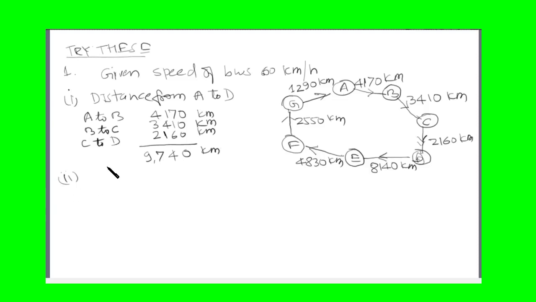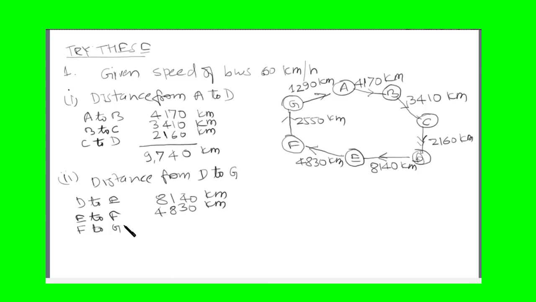Part 2. Find the distance covered by the bus from D to G. So D to E, 8,140 kilometer. E to F, 4,830 kilometer.